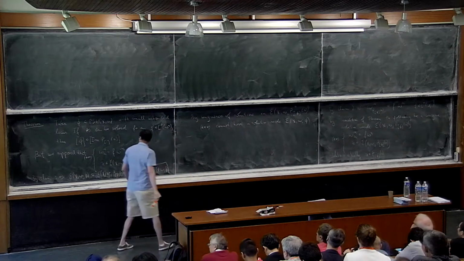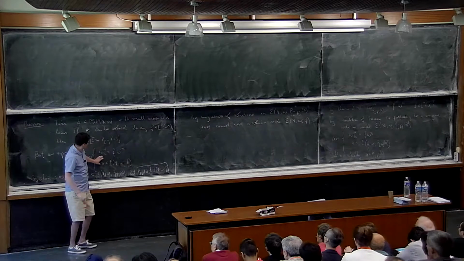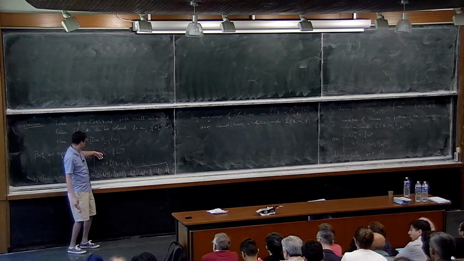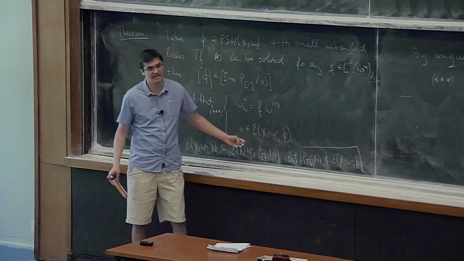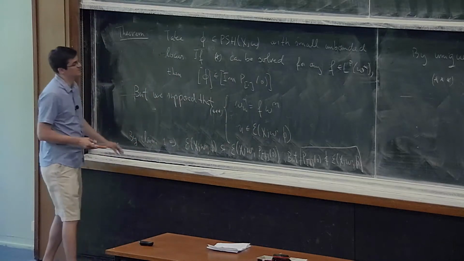So that means that not only can I not have a solution with the same singularity type as phi, but I can't even have a solution in this bigger class. So we have reached a contradiction.